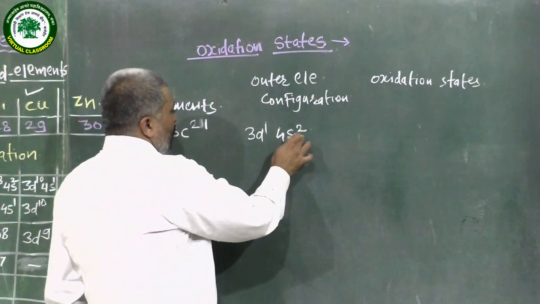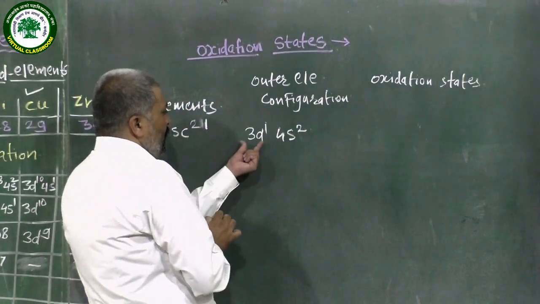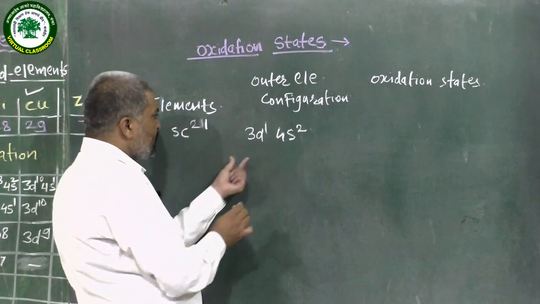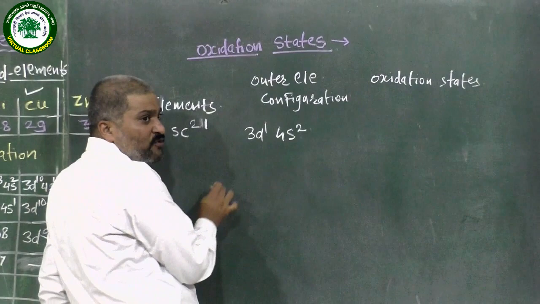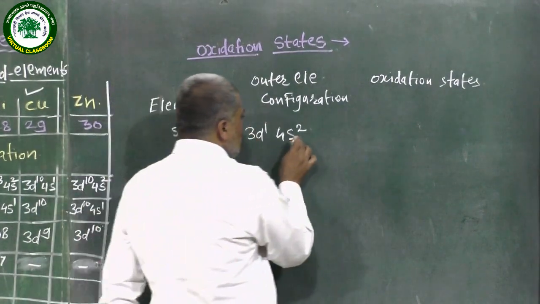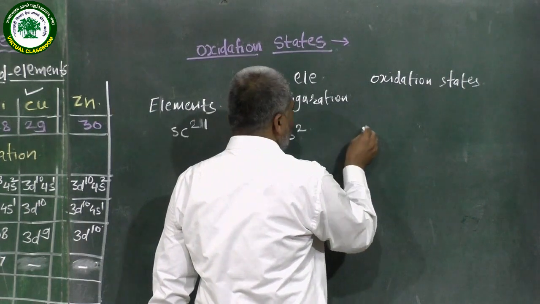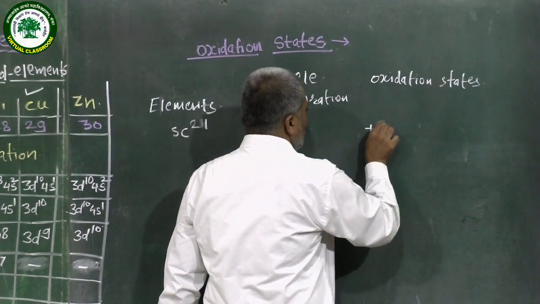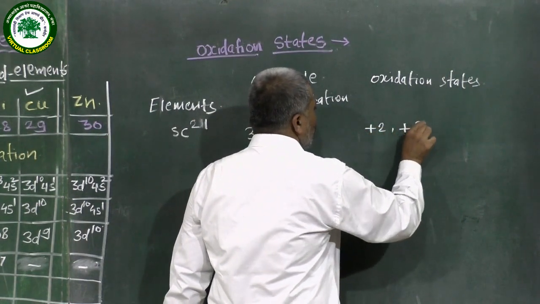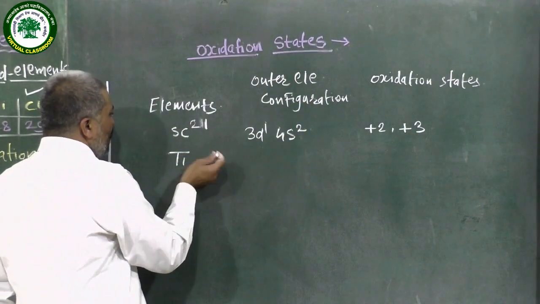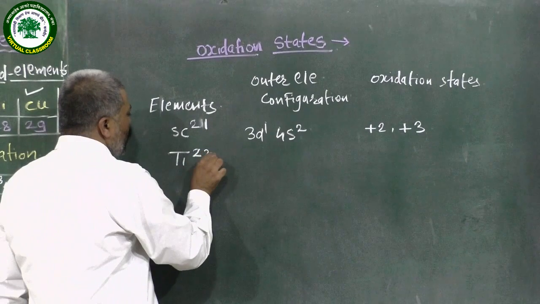Here the number of unpaired electrons is only 1 in the d subshell. Because of that, scandium shows two oxidation states, that is +2 and +3.